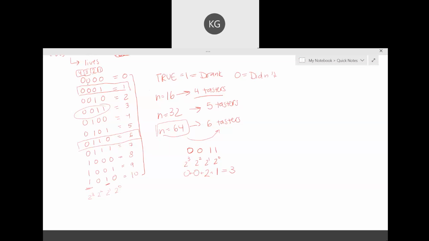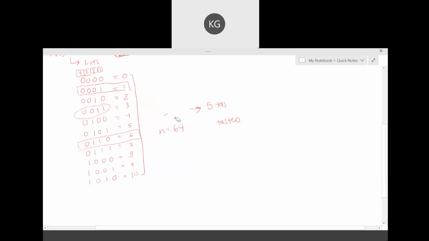So if you don't understand it, please send a note to me. Okay, so we're just gonna do the third question, because the fourth and fifth ones, I feel like you guys can do that on your own.